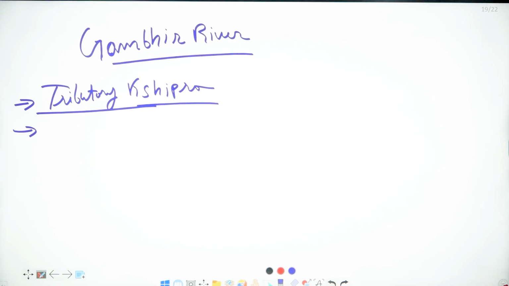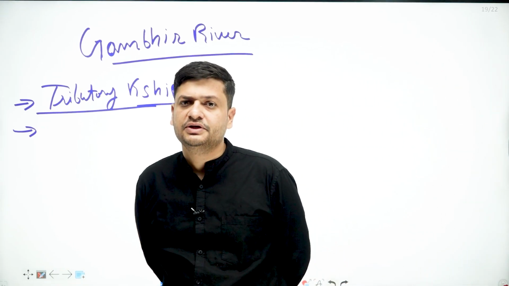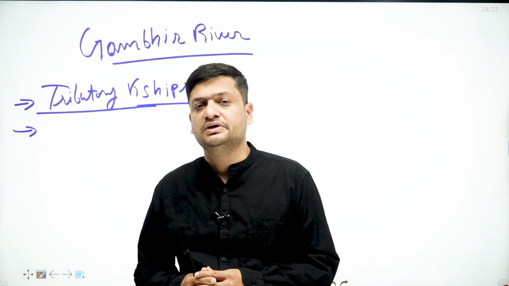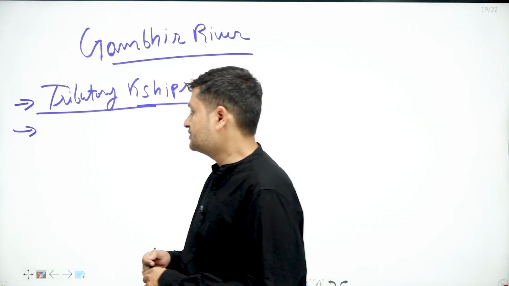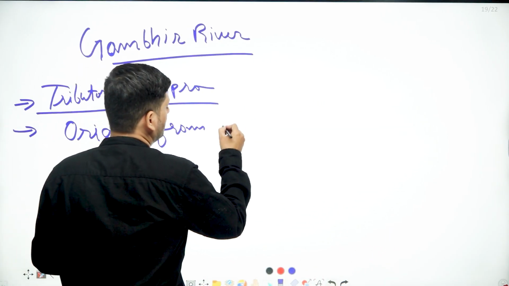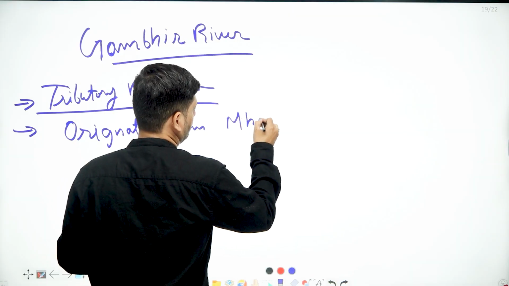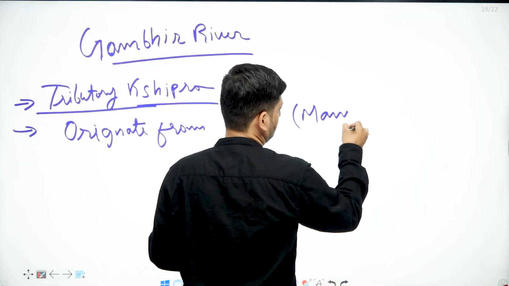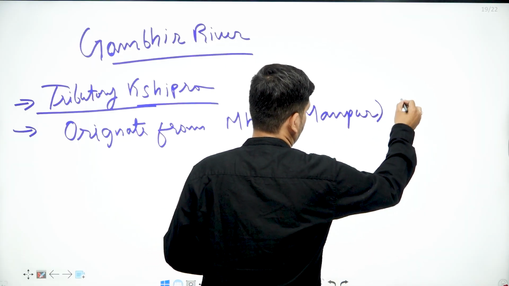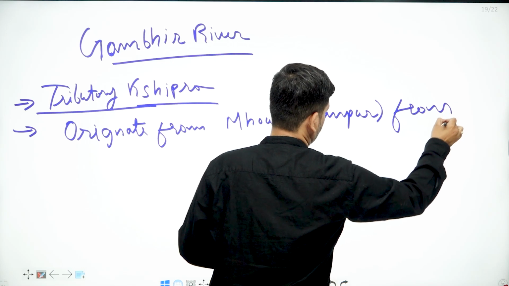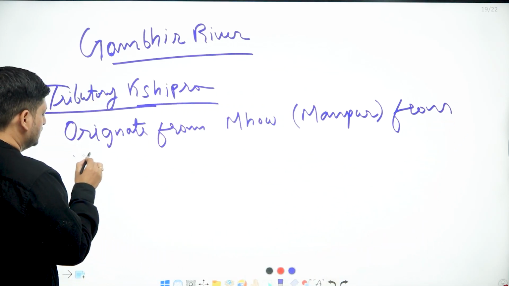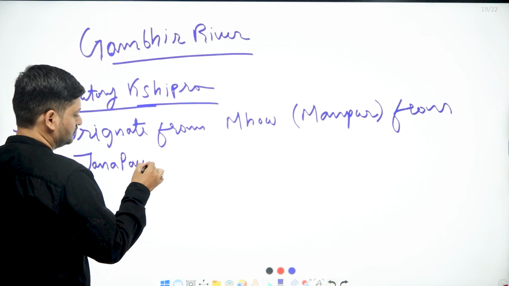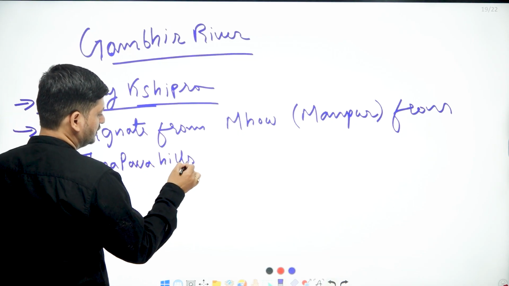the Gambhir River is a tributary of Shipra River. Apart from it, an important fact regarding the Gambhir River is that it originates from Mhow, or you can say Manpur, from the Janapava Hills.